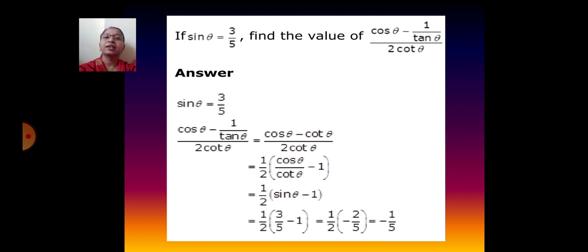The value of sin theta is known to you, 3 upon 5. So that is equal to 1 upon 2 in the bracket, 3 upon 5 minus 1. That is equal to 1 upon 2. Take LCM, LCM is 5. Cross multiply. So 3 minus 5, which is minus 2, will come in the numerator. So 2 and 2 will get cancelled. So the answer is minus 1 upon 5.